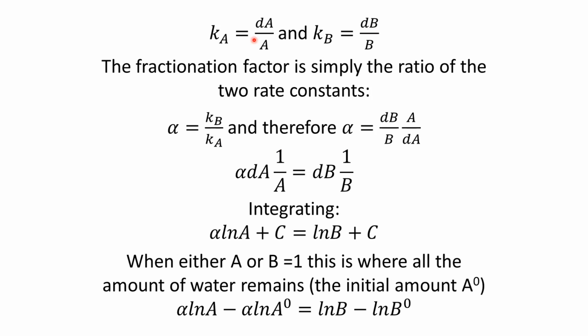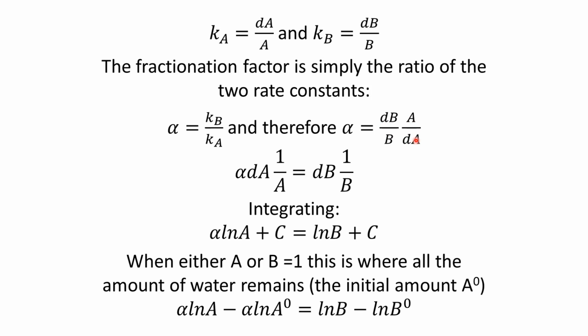So we can plug in these descriptions of the actual rates of condensation, that is just the change in the amount of any of the isotopes per the amount that we had at any one point. And we can then get an equation like this, which essentially gives the fractionation factor expressed in terms of the removal of each of the isotopes relative to the amount that was there at any one point.